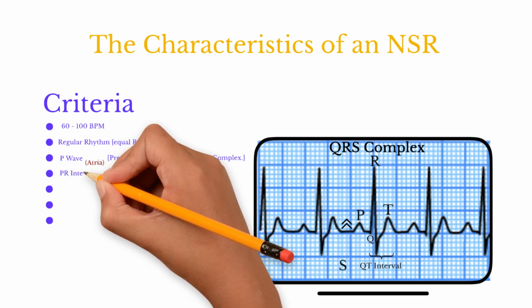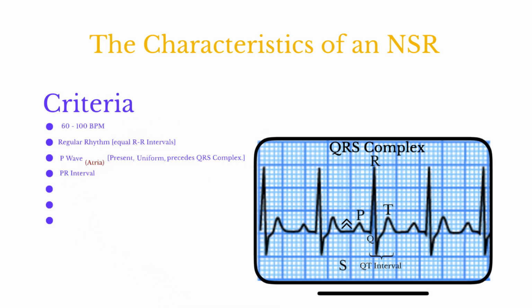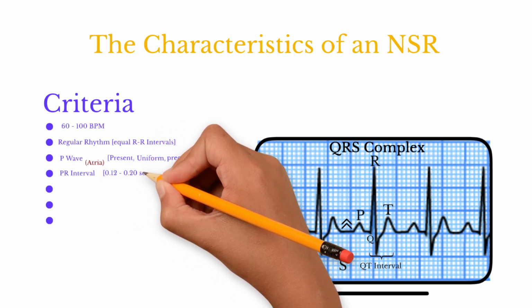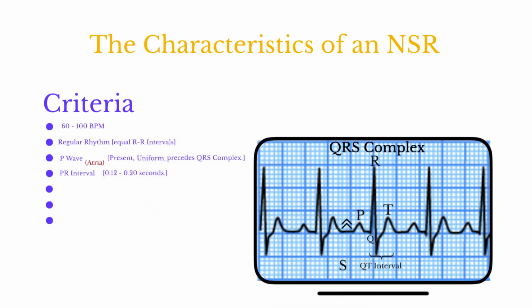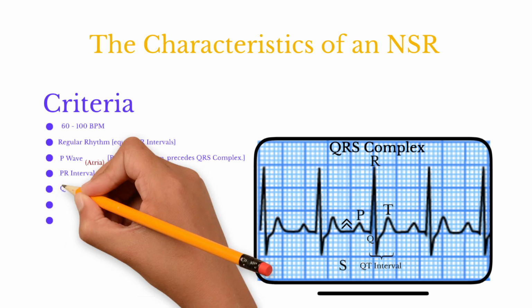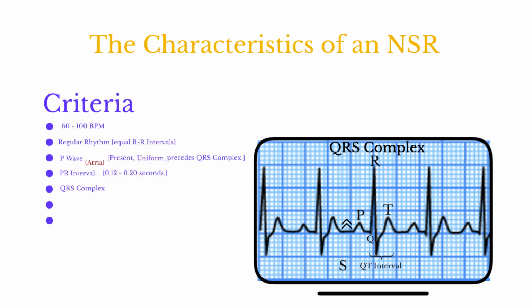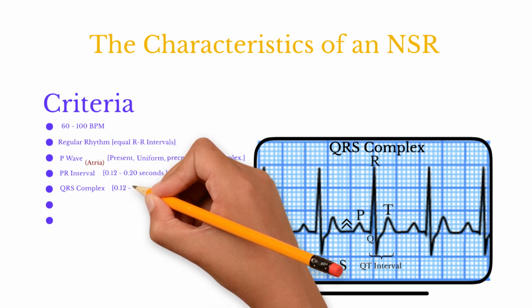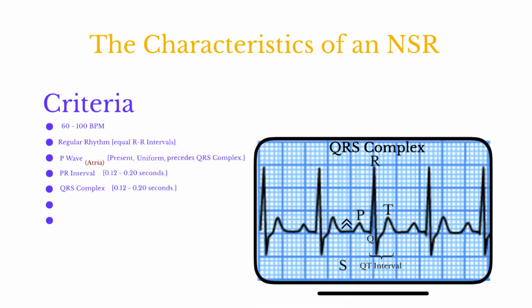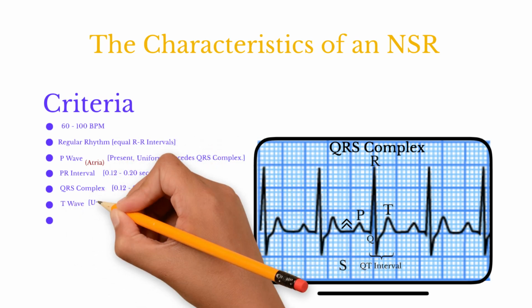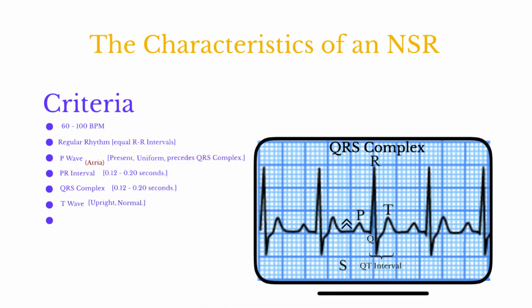The PR interval has to measure between 0.12 and 0.2 seconds. And the QRS complex has to be narrow, measuring less than or equal to 0.12 seconds. The T wave must be upright and normal.